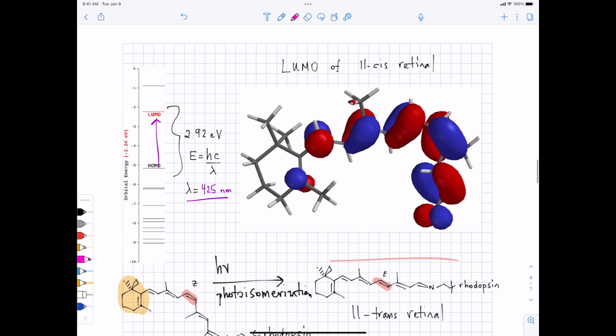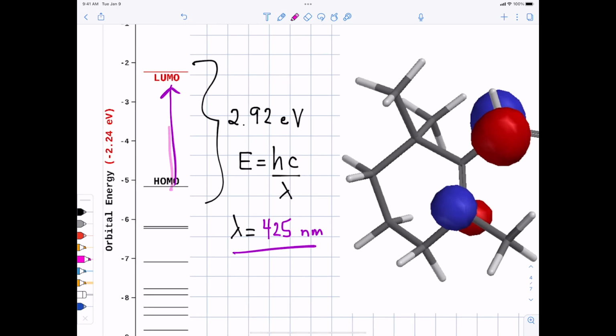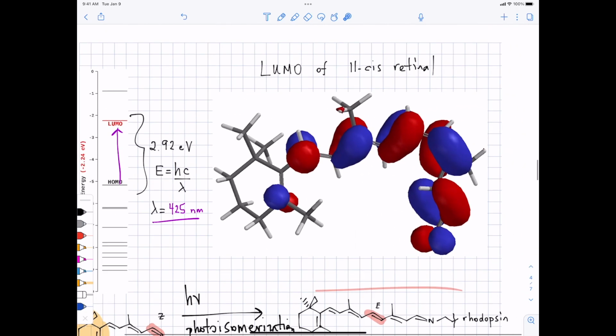So we did some HOMO-LUMO stuff last time, and we observed that the gap between HOMO and LUMO for some molecules, as you increase the extent of conjugation, gets lower and eventually gets from the UV to the visible region. So if you put 11-cis retinal into Spartan and you look at the LUMO, oh wow, that's interesting.